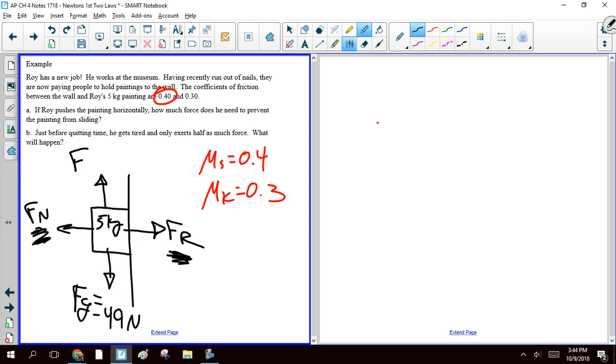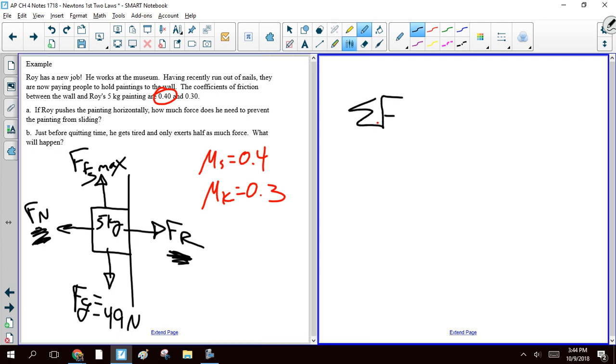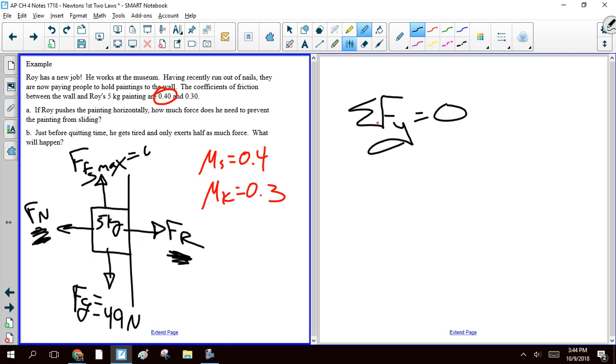Now that we've got a normal force, we can have some friction. If we don't want it to slide, then this is static friction. If we want to minimize Roy's force, then we should maximize static friction, right? To maximize that, we want our net force vertically to be 0, so this has got to be 49 newtons.